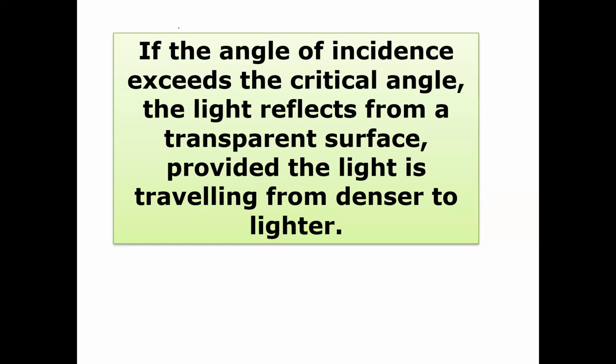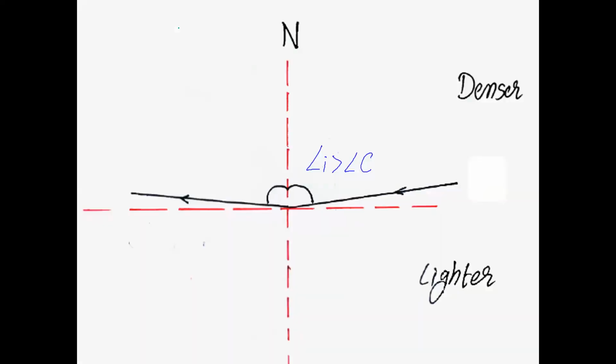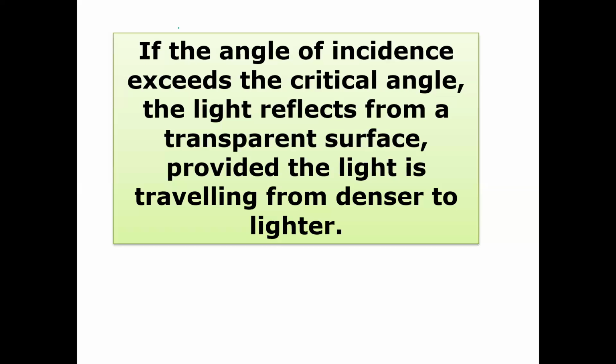Something is on the dashboard of the car, you can see its image, but how can a transparent screen produce an image? It means the light is coming back. This is called total internal reflection. When the angle of incidence exceeds critical angle, light comes back in the same medium. You have to copy this screen.